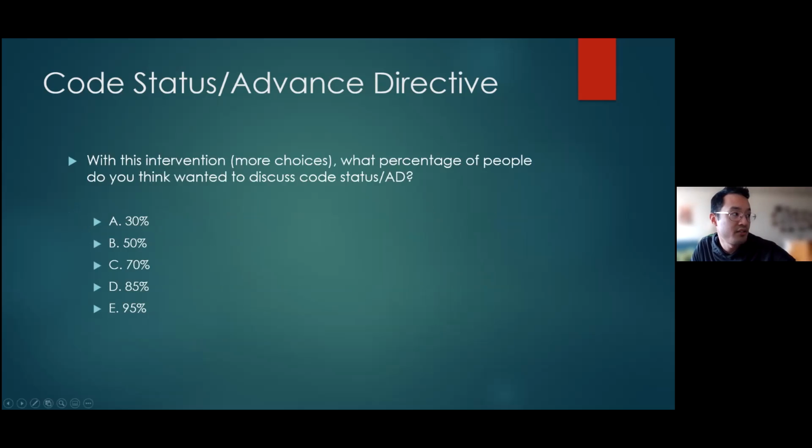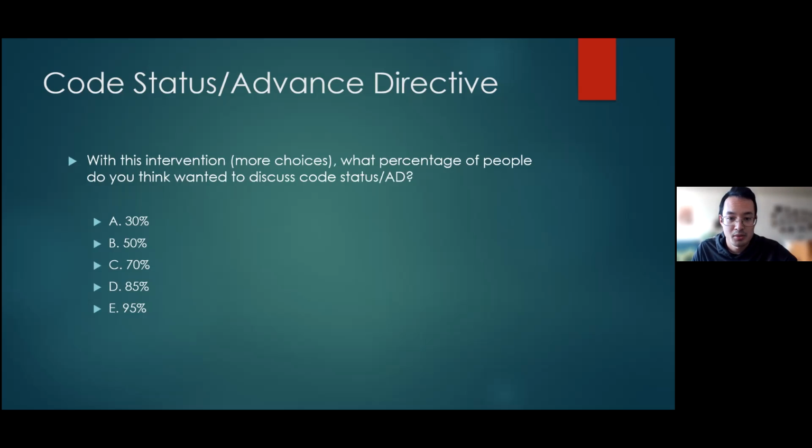So with this intervention, meaning more choices, what percentage of people do you think wanted to discuss code status? Cool.